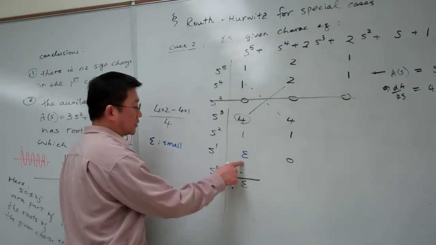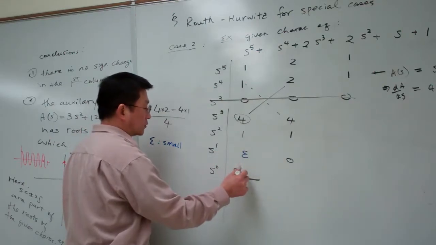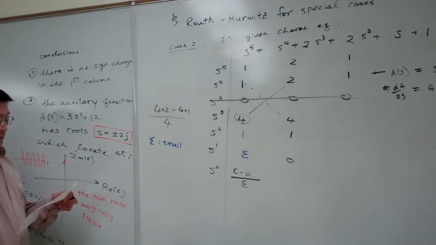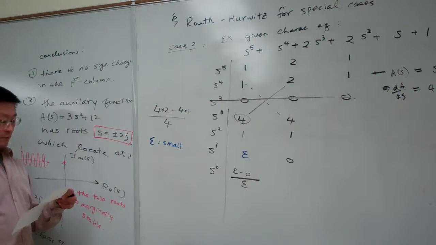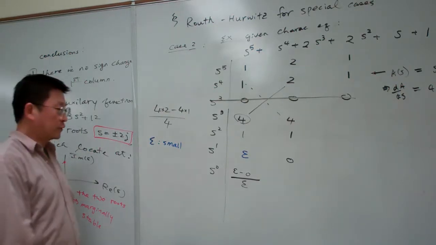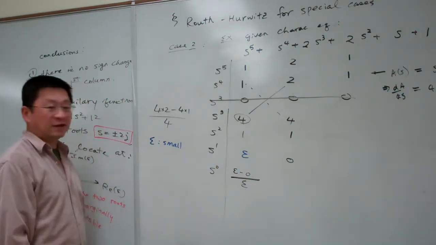So now for this case, calculating is epsilon, and epsilon minus 1 minus 0. How come in my note, I have a notation here, this is minus infinity.